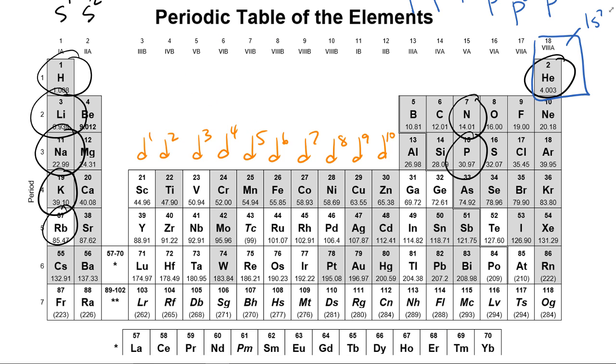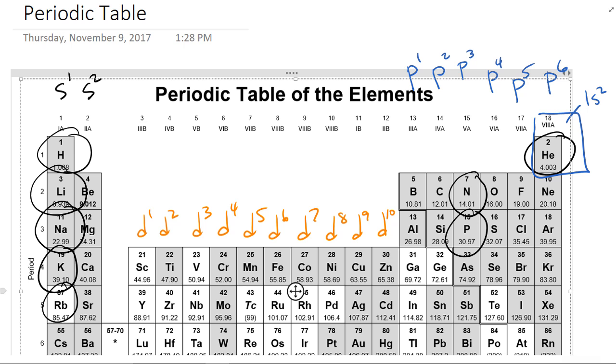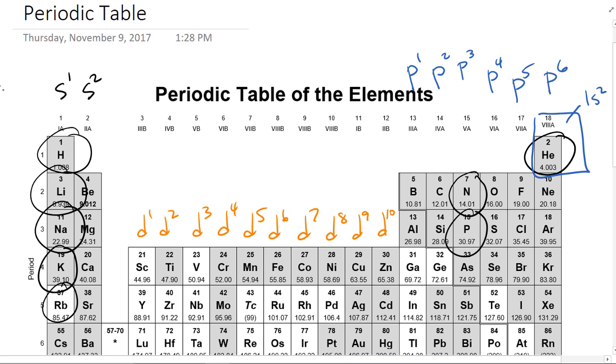If we're in this block right here, we refer to this as the S block. These here would be the P block. This here is the D block, and these down here would be the F block. When we are in the S block, we say that they have an NS configuration.